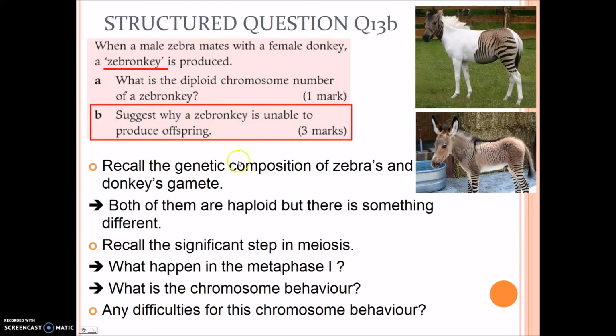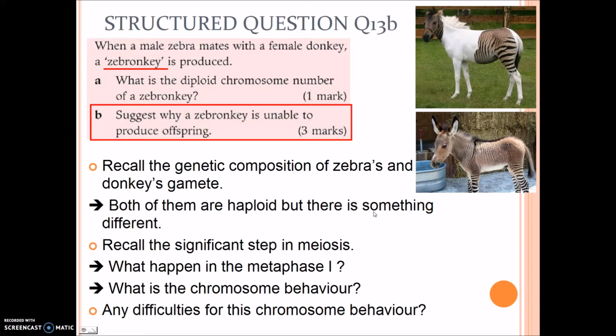So for that question, we go back. I would like you to recall the genetic composition of the zebra and the donkey gametes. Now we call it 1N. Both of them are 1N, but there is something different. You can check the haploid number of chromosomes.